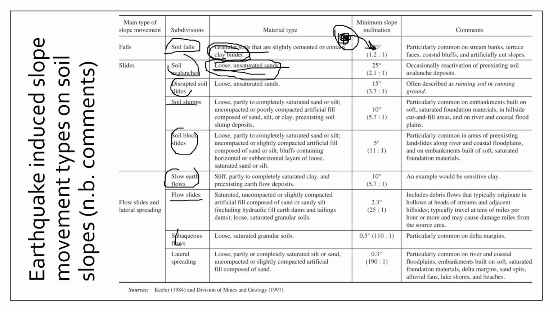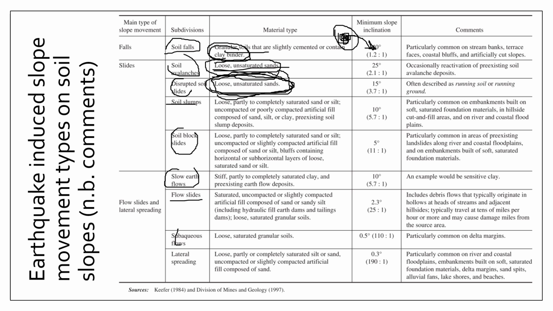Disrupted soil slides, I think these are dry slopes of sand that fail during an earthquake, and they just flow out. Okay? They flow out like sand in an hourglass because they are so dry, they easily flow out.